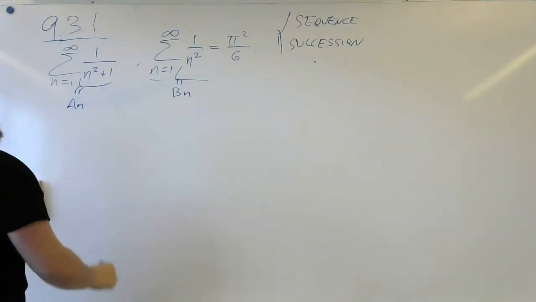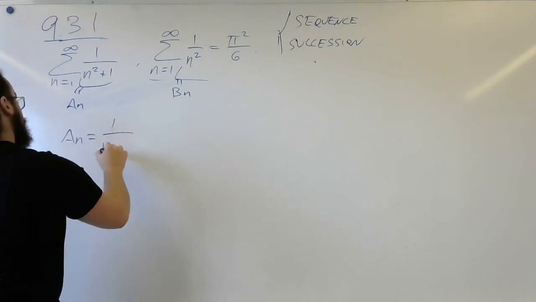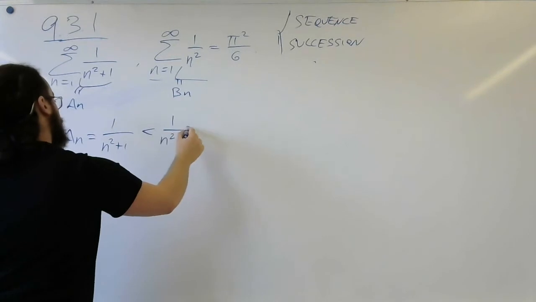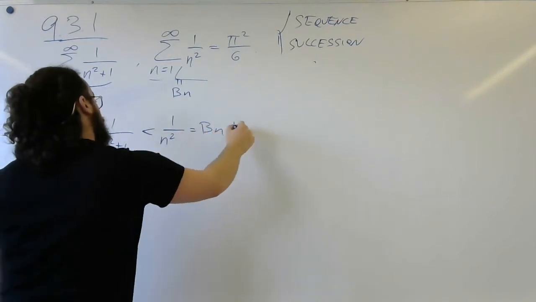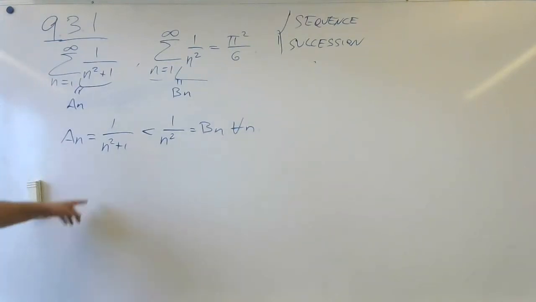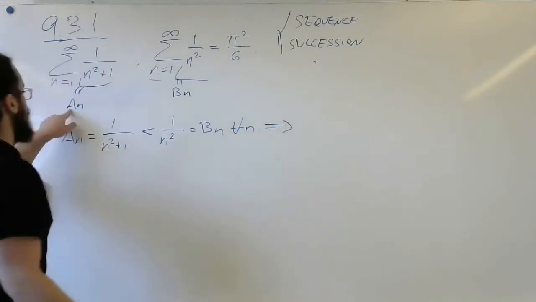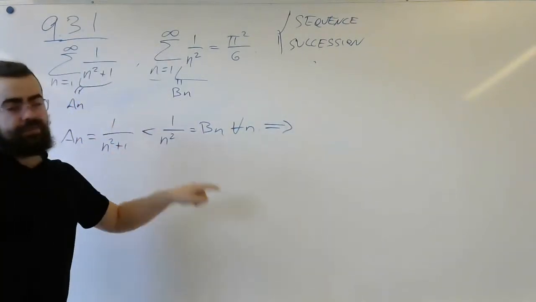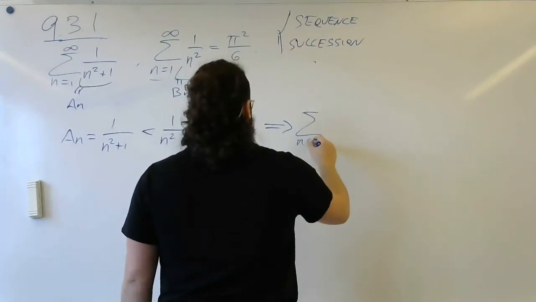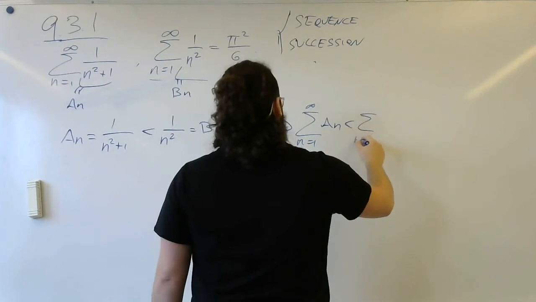And one thing we're going to notice is that an, since both series are positive, because all terms are positive, an being smaller than bn for all n, it means that the sum is also smaller.